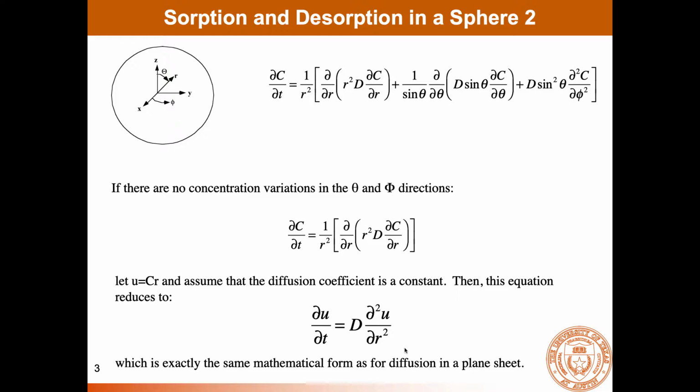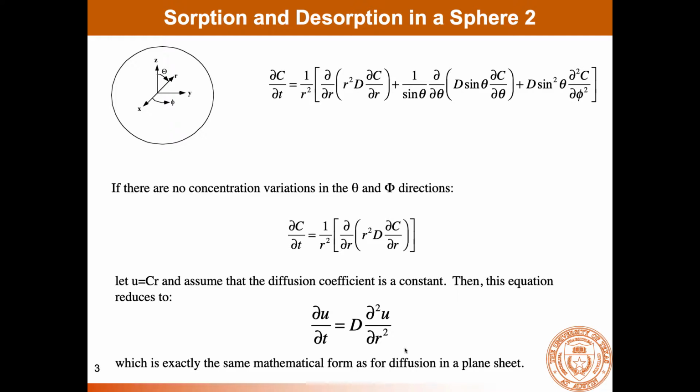With all of the spherical systems, in terms of getting analytical solutions to the differential equations, there's a trick that is to let a new variable u equal the product of c times r. And if you do that, this differential equation transforms into this one.